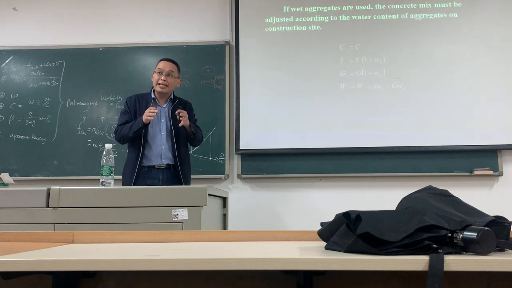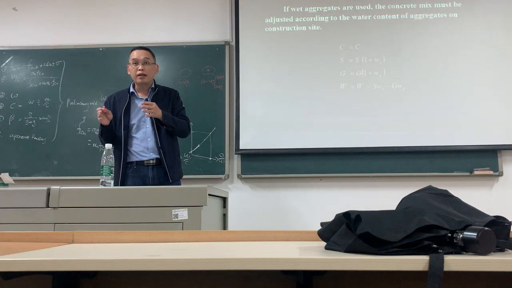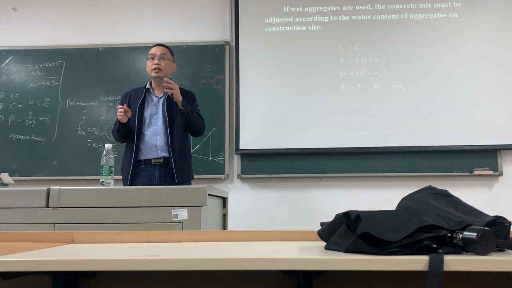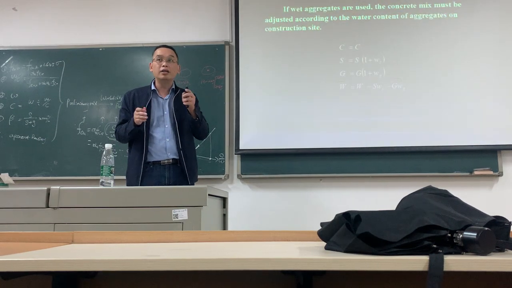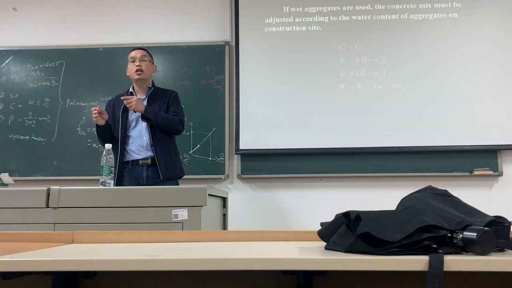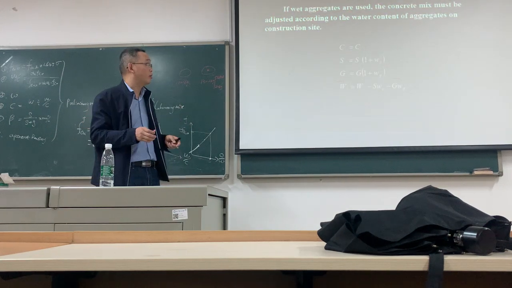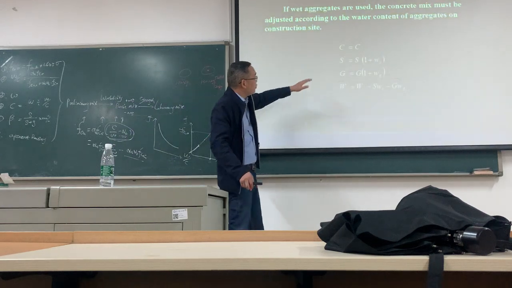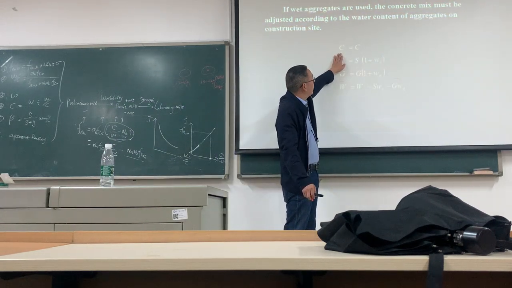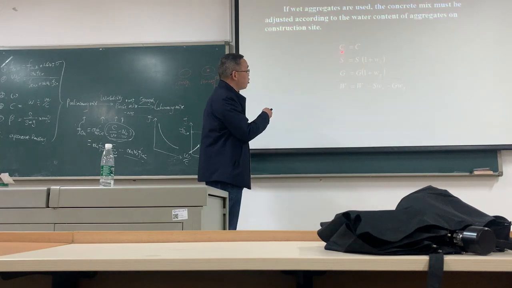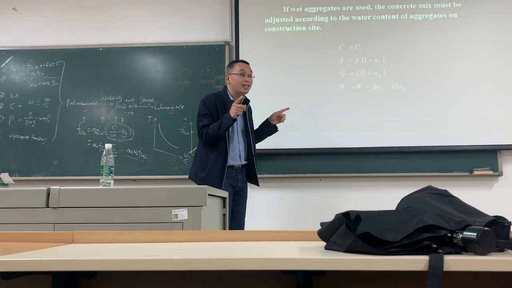For the sand and the gravel, the water content of the sand is always higher than the water content of gravel, or coarse aggregate. So, for example, in the site mix, the cement is not changed.